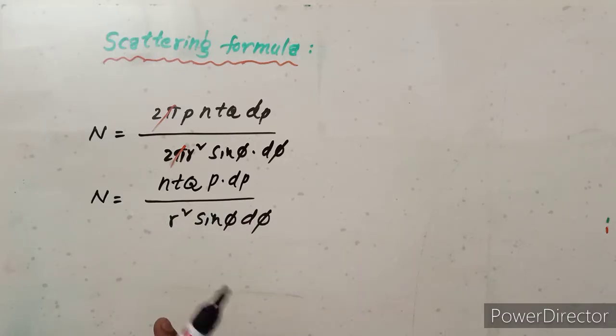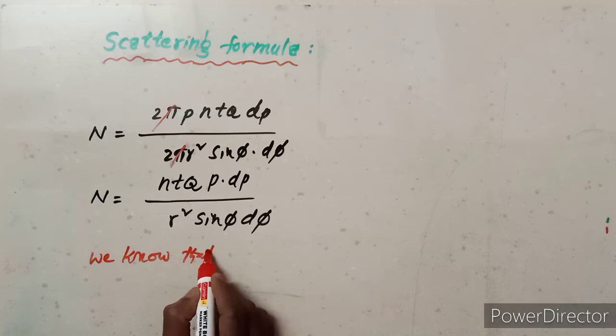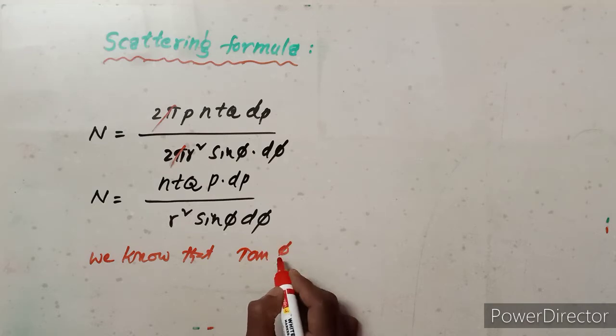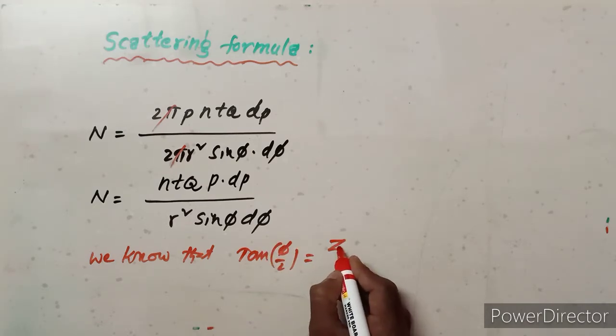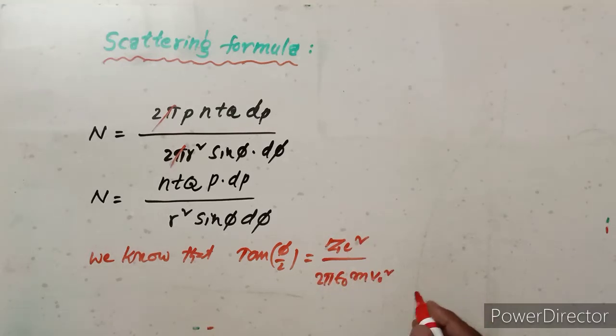Already we know that the scattering angle, tan phi by 2 equals Zq square upon 2 pi epsilon naught m v naught square P. So from this formula we write the subject P equals Zq square upon 2 pi epsilon naught m v naught square upon tan phi by 2.